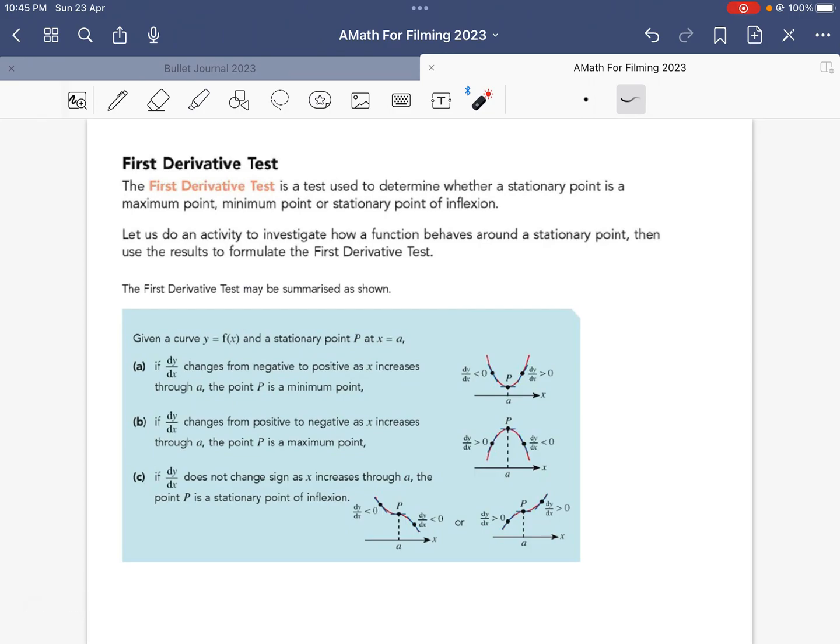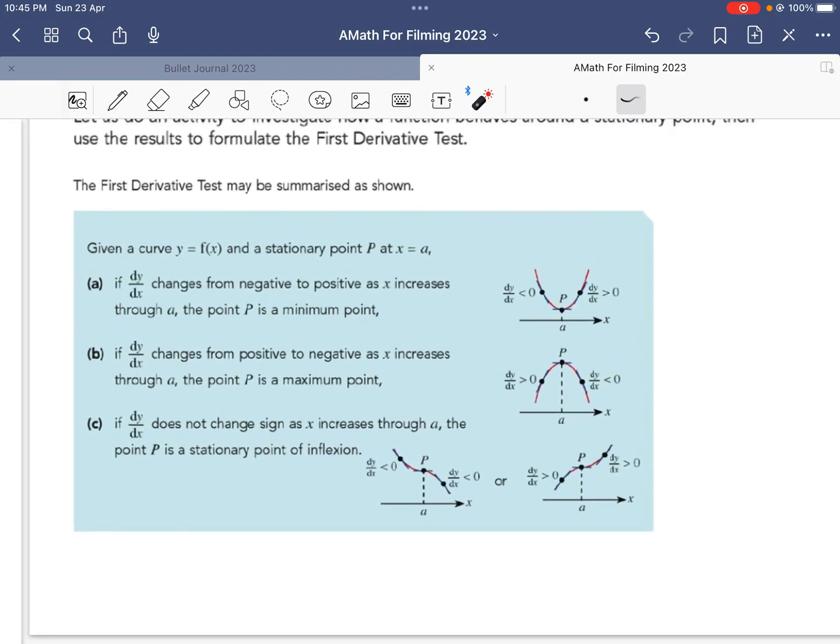So now, to determine whether a stationary point is a maximum, minimum, or point of inflection, we will have something called the first derivative test. So in the first derivative test, it can be shown like this.